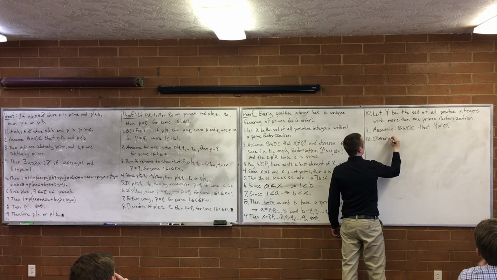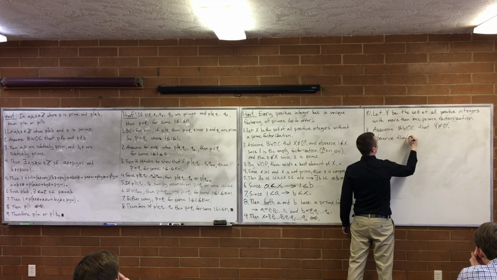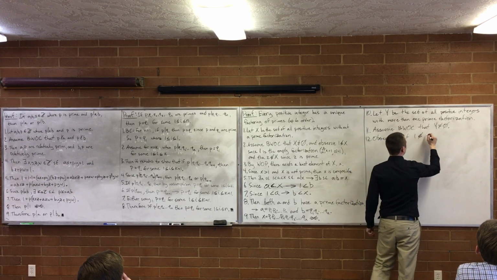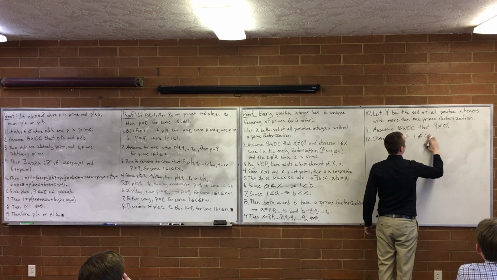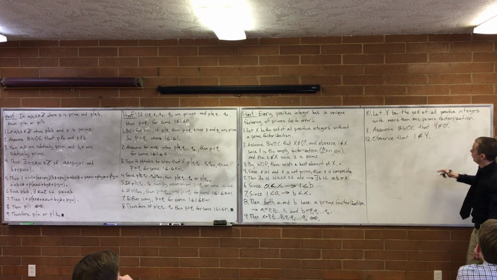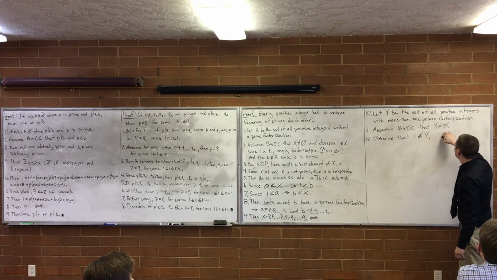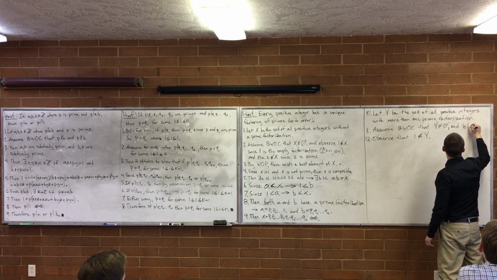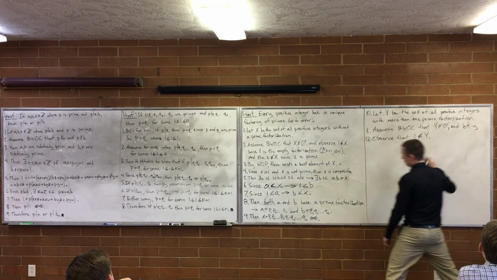Observe that 1 is not in y. It has a unique factorization. So are you proving by smallest counterexample again? Yeah, smallest counterexample again. So assume by way of contradiction that y is not equal to the empty set, and let little y be its least element.